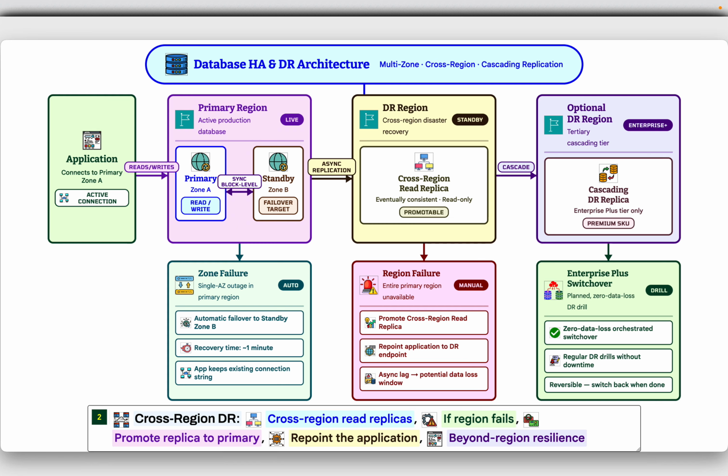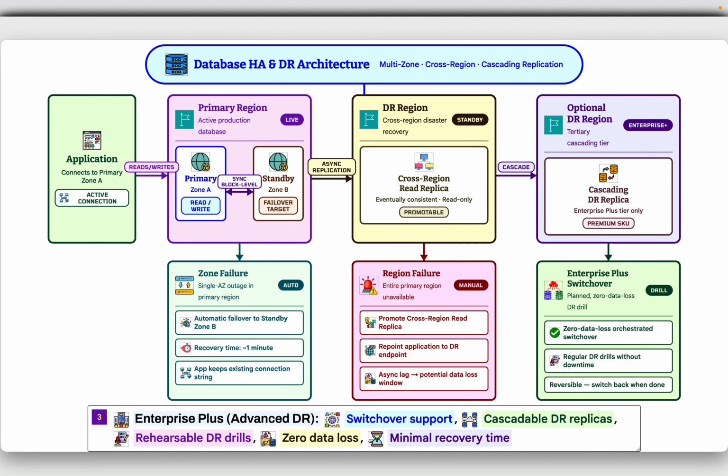If a region fails, promote a replica to become the new primary and repoint the application. Enterprise Plus adds advanced disaster recovery with switchover, cascadable replicas designated as DR replicas, and rehearsable DR drills with zero data loss and minimal recovery time.